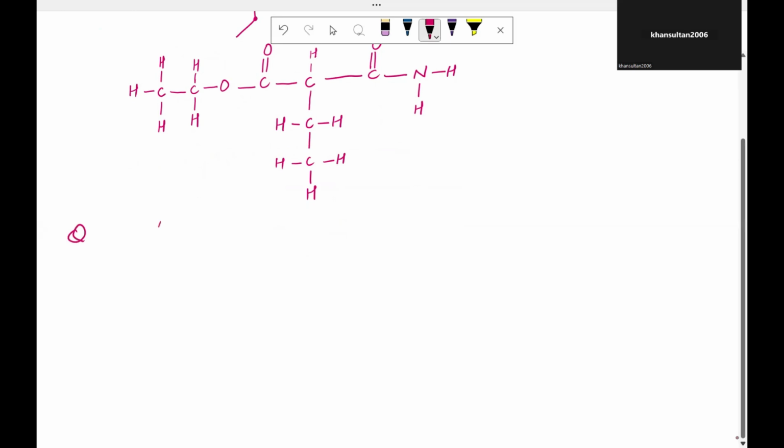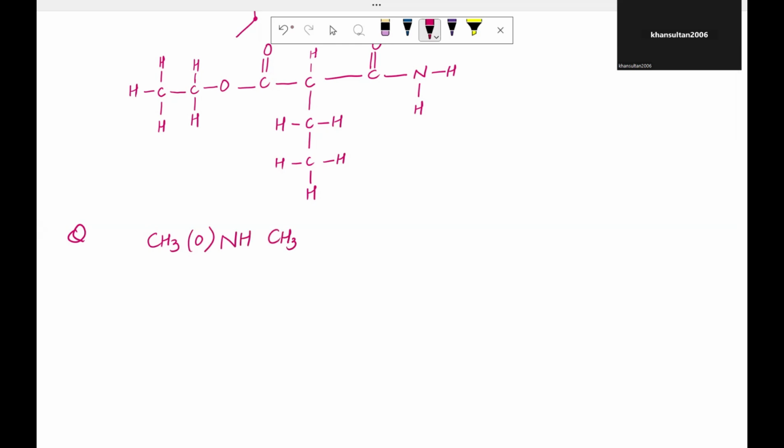Now they have given us a condensed formula, that is CH3, and it's not in brackets, it's CH3, then we have oxygen, then we have NH and CH3. Now what we need to do is draw its skeletal structure.